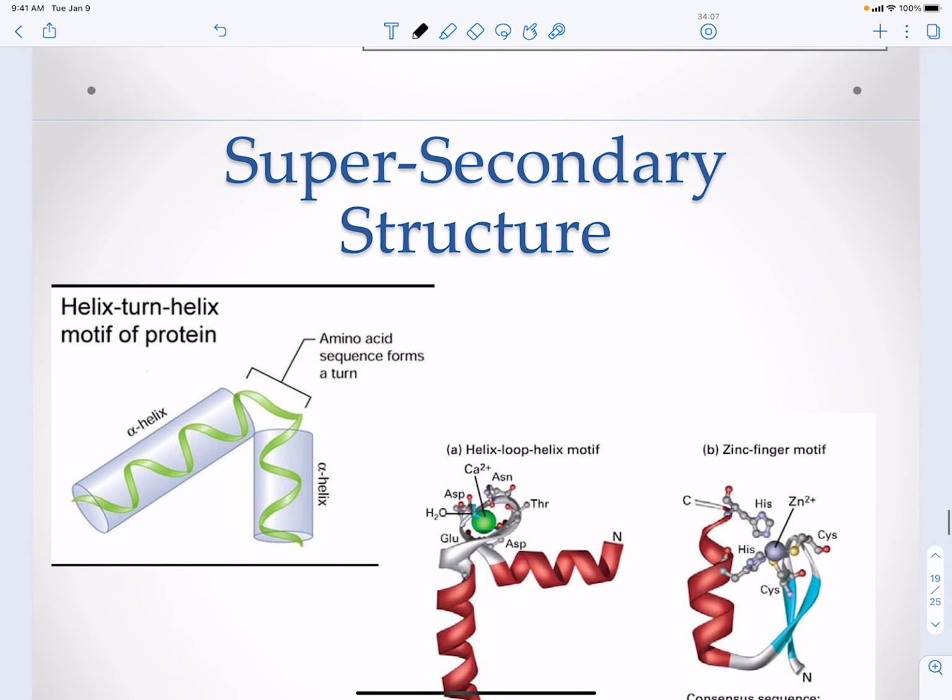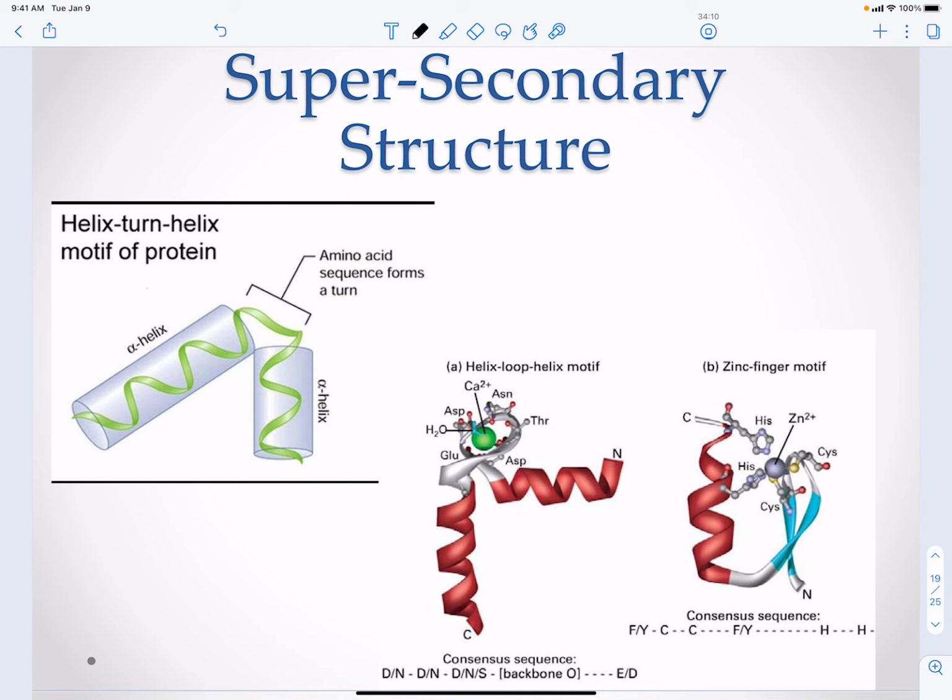Okay, so now we have some super secondary structures that are discussed. We have something called a helix turn helix motif of a protein, and this is where the amino acid sequence causes a turn. So this is an alpha helix, turn, alpha helix. That's where it gets its name, helix turn helix. And these regulate gene transcription in bacteria.